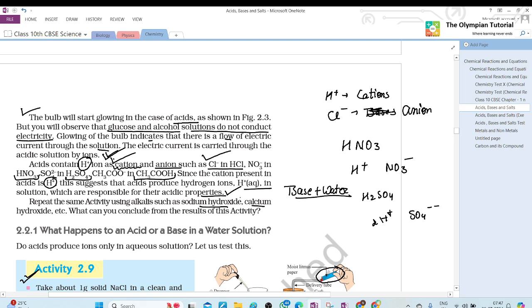Now you have to do the same activity with sodium hydroxide and calcium hydroxide. What will be your conclusion?